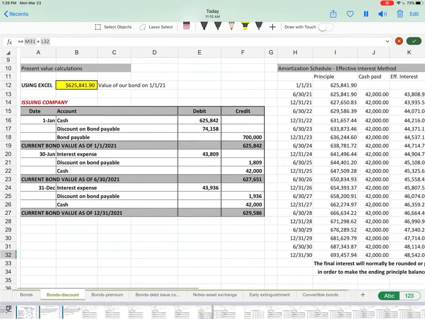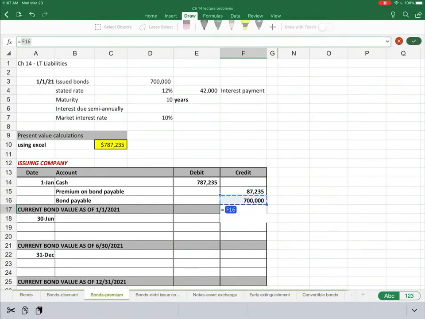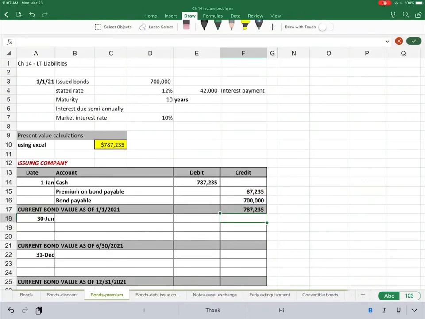We are going to see a similar process here for the bond premium. But instead of starting with our bond value at a lower amount than the face amount and building up to $700,000, we're doing the reverse for a premium. We actually have a total bond value on January 1st, 2021 of $787,235.